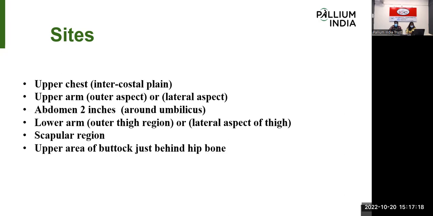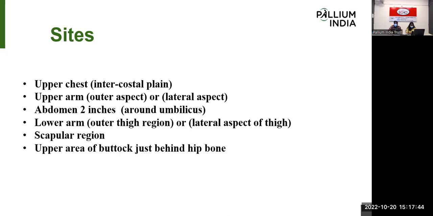Then upper arm, the outer aspect or lateral aspect of the upper arm. Both hands we can give on the lateral aspect. How will we measure in the upper arm?